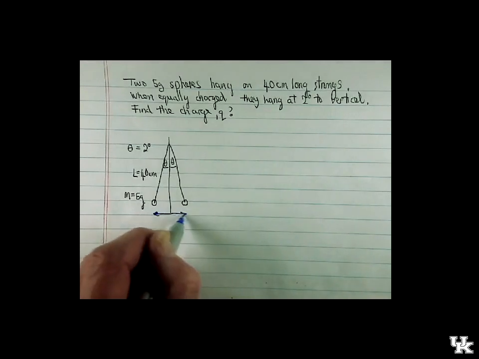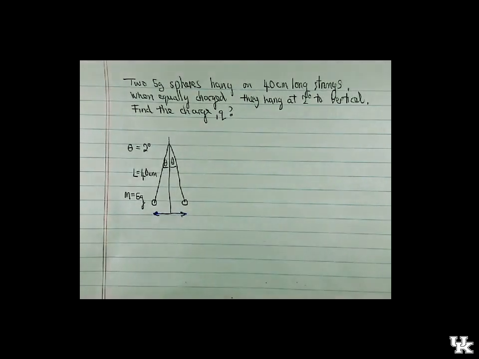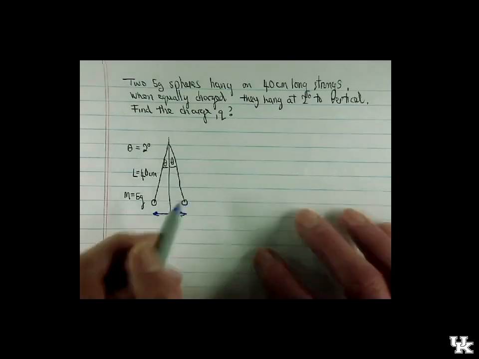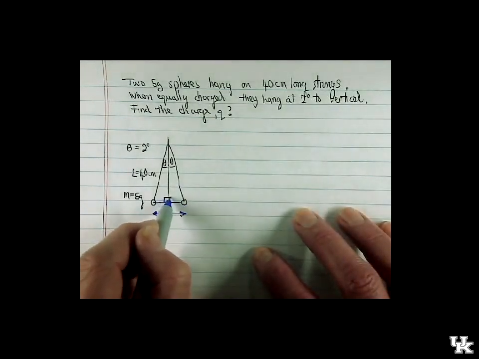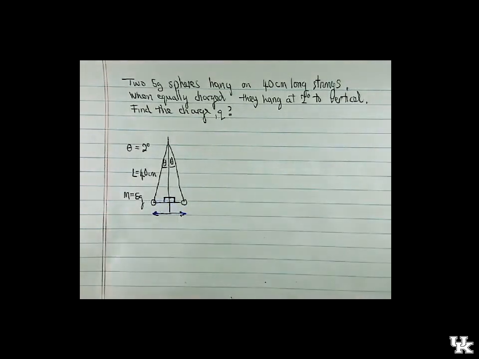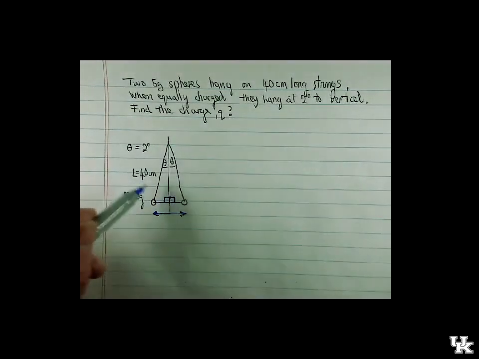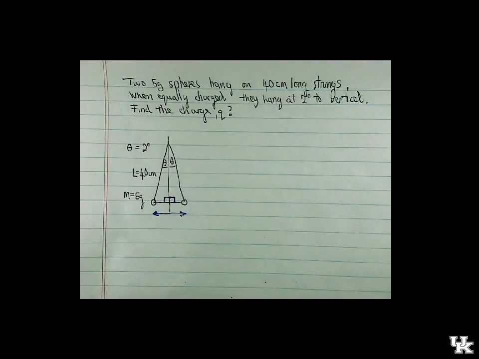One's just a little bit of geometry: what is the separation of the two spheres as they hang on these two threads? Well, that is just geometry. There are two right-angled triangles here, one on the left, one on the right. We know the hypotenuse of these two triangles is 40 centimeters.